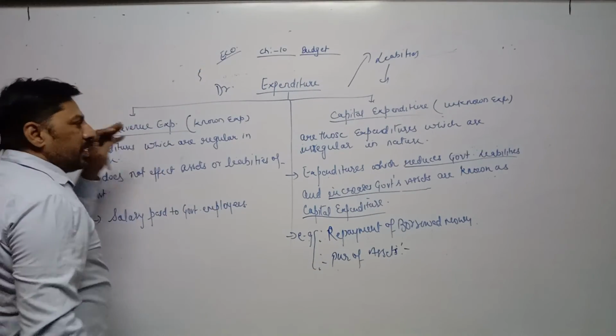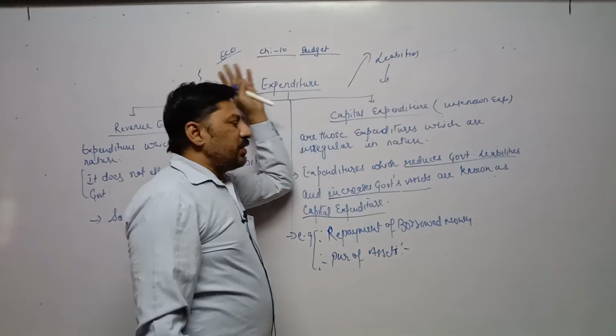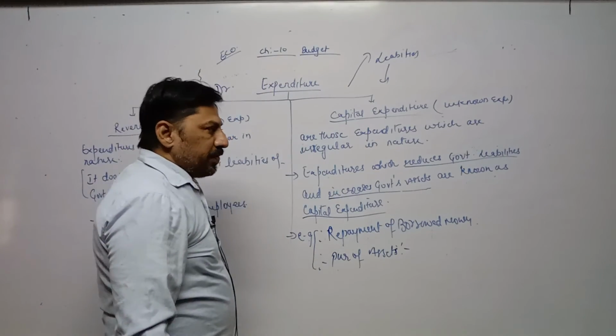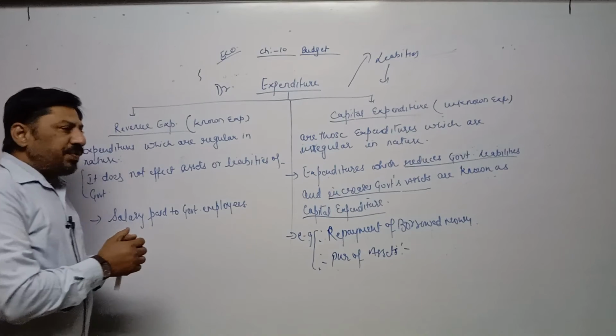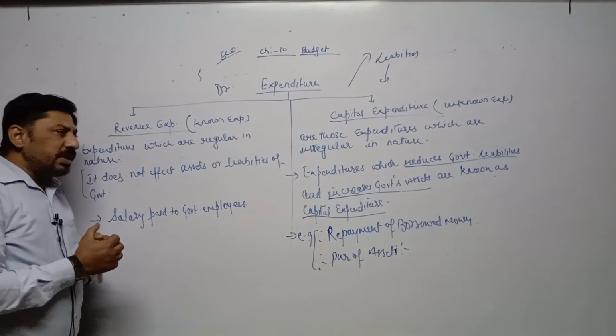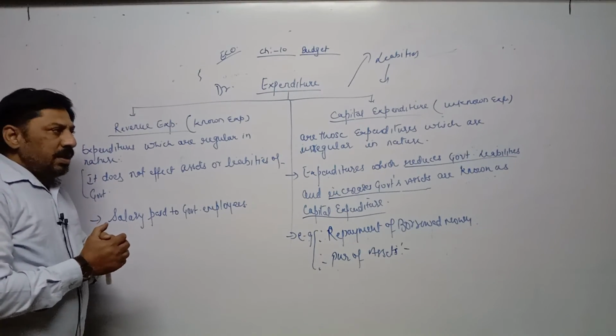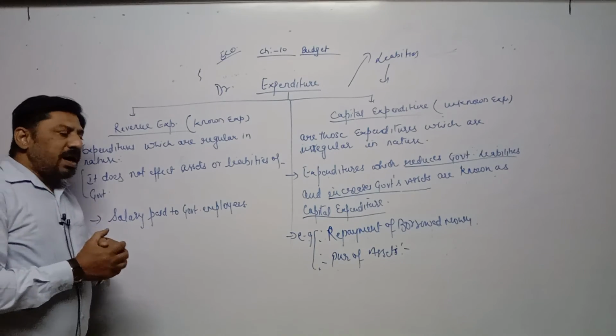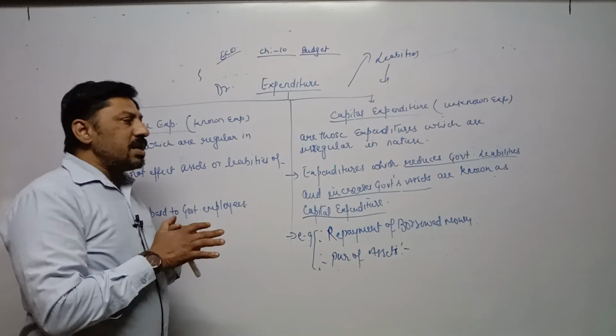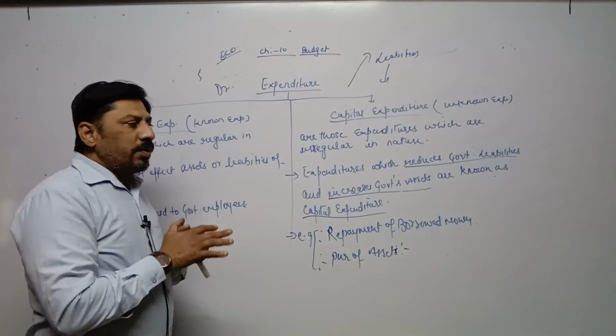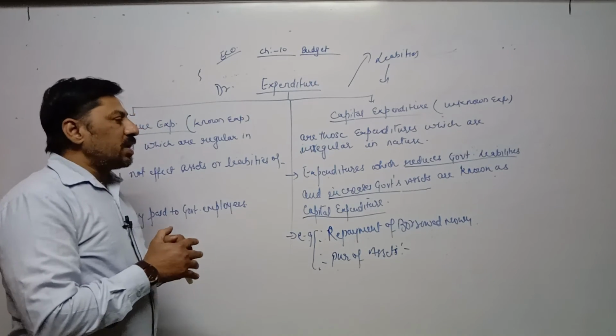Now theoretically, income is of two types: revenue income and capital income. Revenue income neither affects assets nor affects liabilities. In simple language, revenue incomes are those which are regular in nature, which are known to the government. Such income is called revenue income.